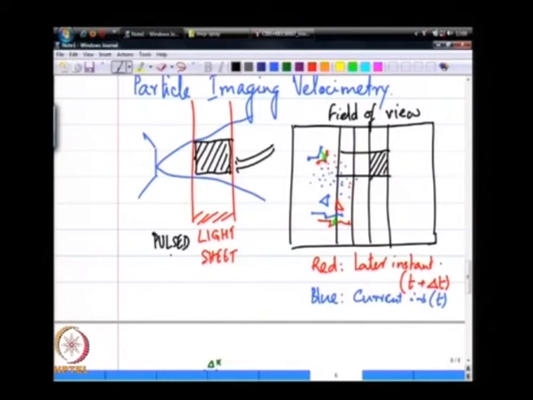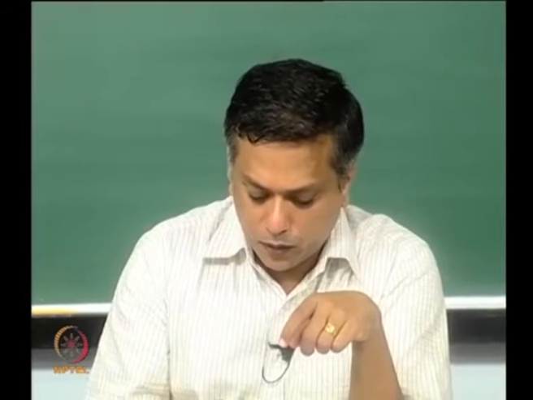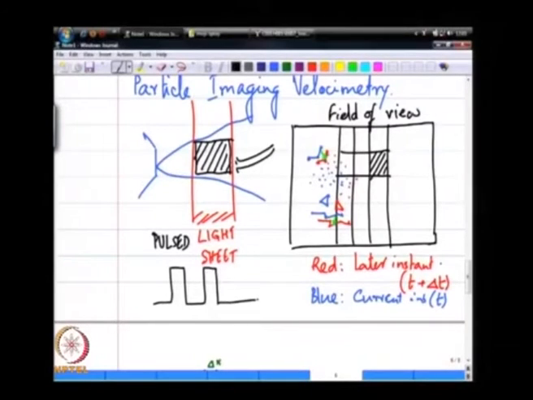So, you can imagine the camera is on all the time, but we have a light sheet that is illuminating a cross section of the spray, and that light sheet is turned on and off and on again and off again. So, the light sheet intensity, if you will, is of that kind, and by knowing the time spacing between the rising edge of the two pulses, we are able to estimate the velocity.